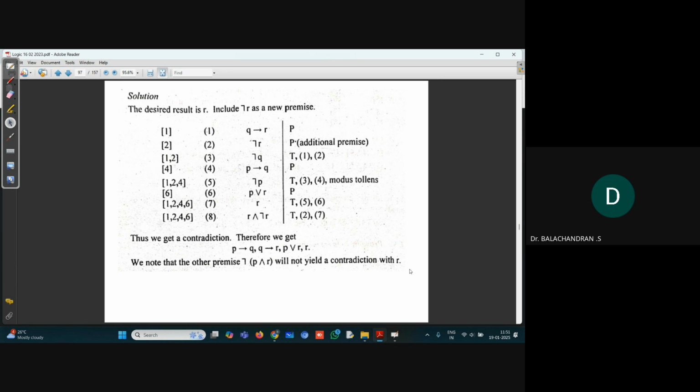So these types of problems I don't expect in the examination. Maybe this may be correct, but I don't know exactly. If any one of you uses negation of P and R and gets a contradiction, you can send me the solution. I will check it.